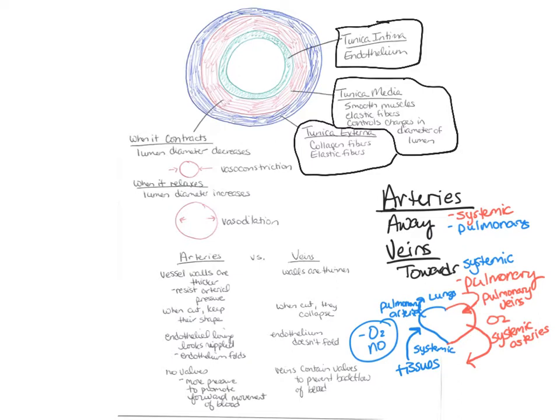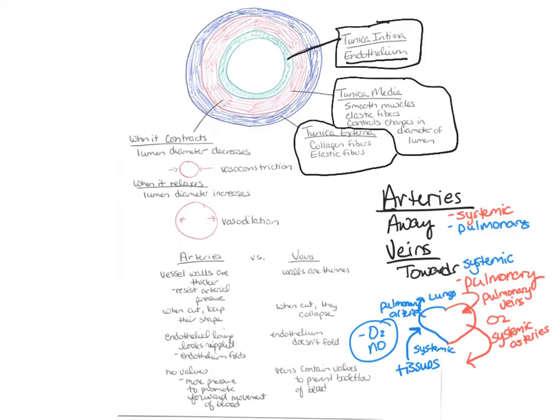The tunica intima is the innermost layer of the blood vessel, which I've shown in green here, and it contains an endothelial lining. So an endothelium, which is a type of epithelium that we talked about. And it also has some elastic fibers in it as well to help it to maintain flexibility.